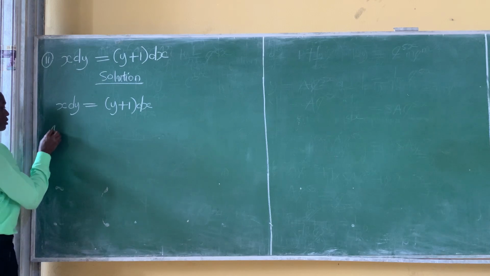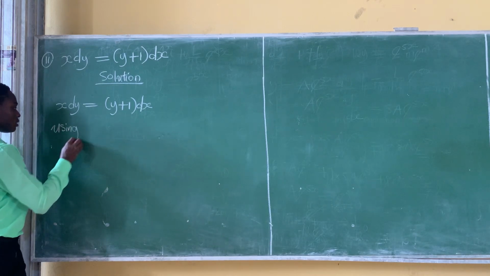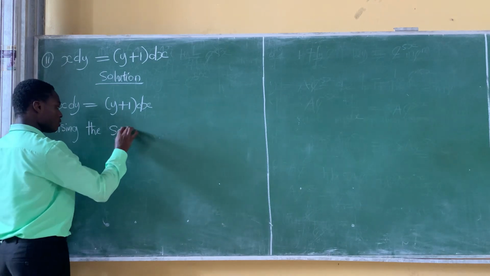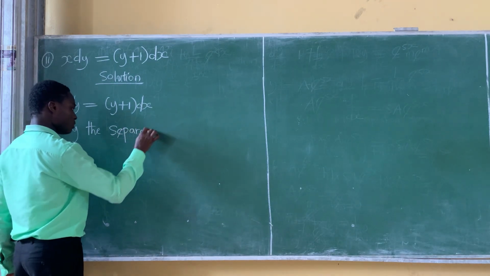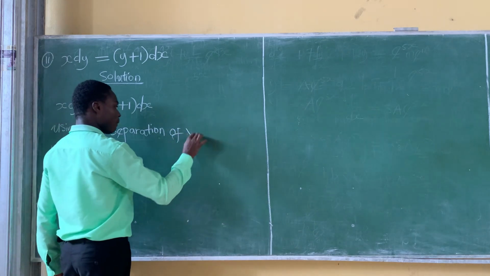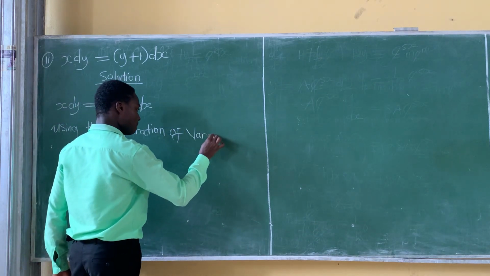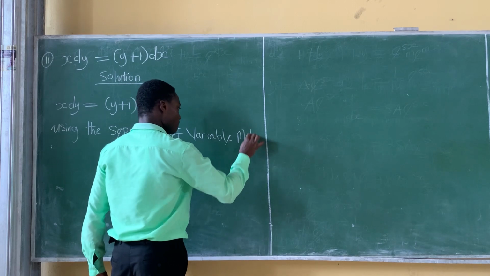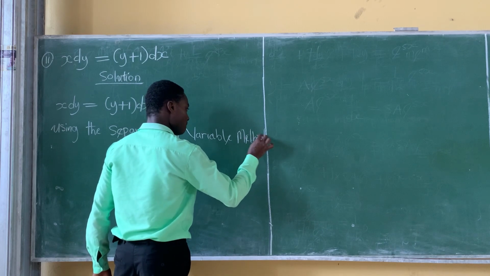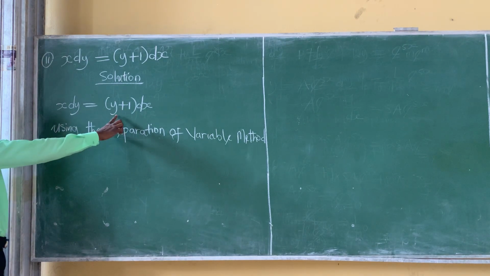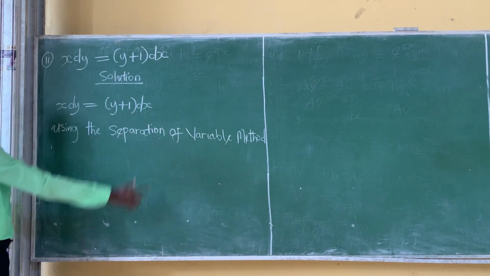So I'm going to state it using the separation of variable method. We have x dy equal to y plus 1 dx.